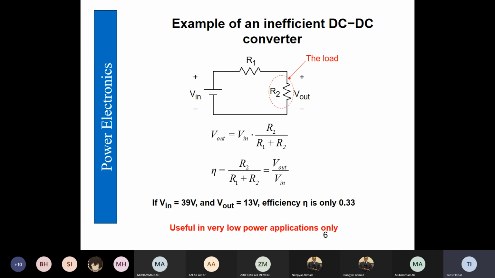So that is useful in very low power applications, because in information electronics, power is not the major concern, and there we only deal with the information of voltage or current, but the power flow is very small. In those cases, voltage divider type circuits work quite well.